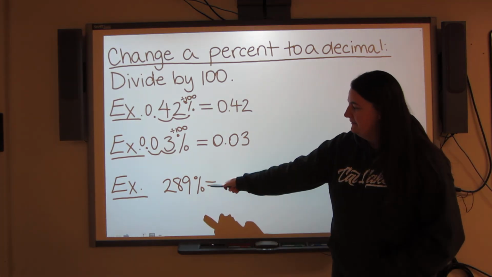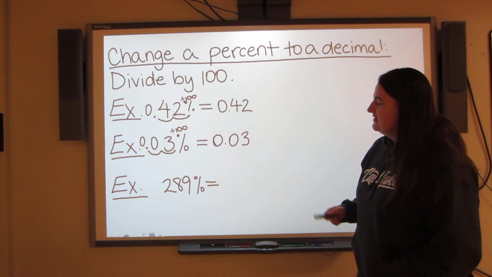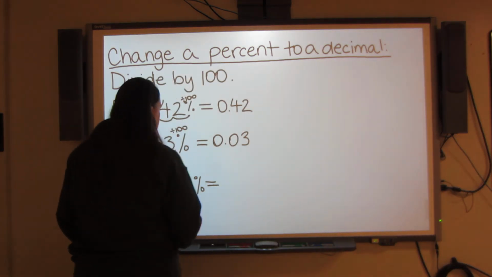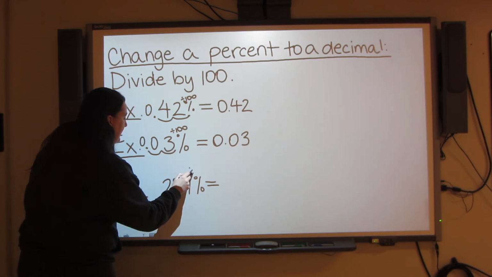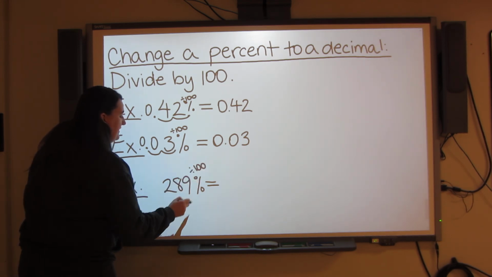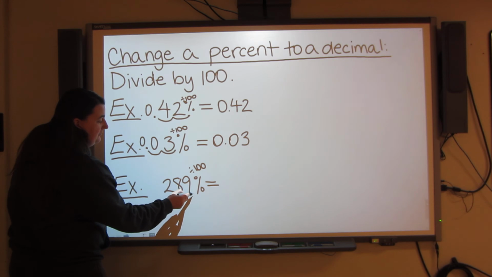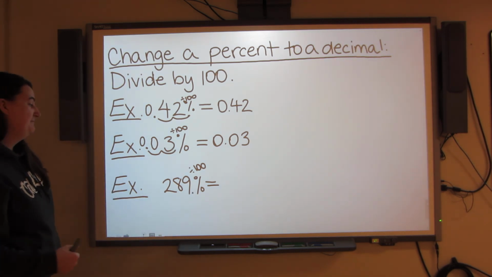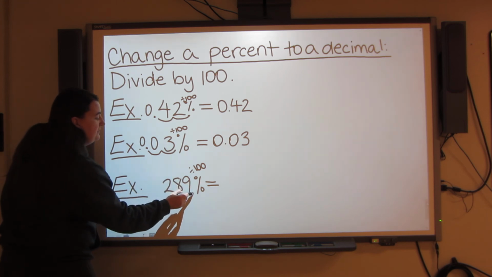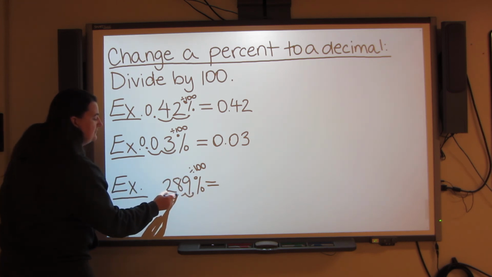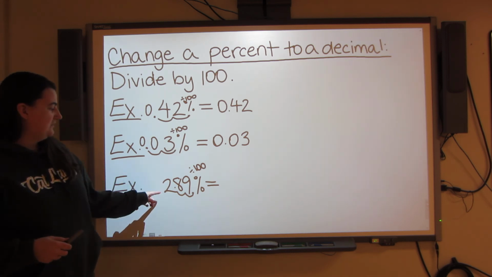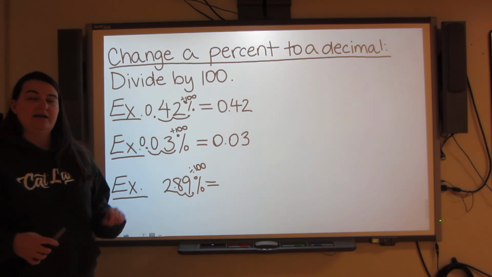All right, last example, 289%. I am still going to divide by 100. I am still going to put my decimal at the back if I don't already have one. And I'm still going to move 2 spots. So now I have 289 hundredths.